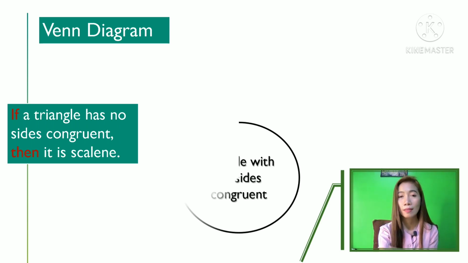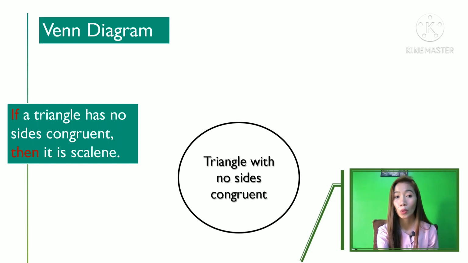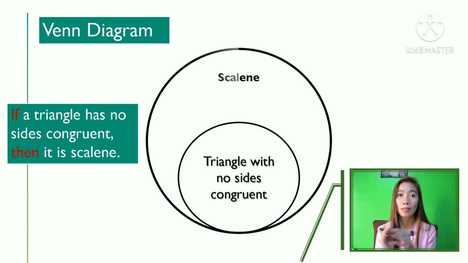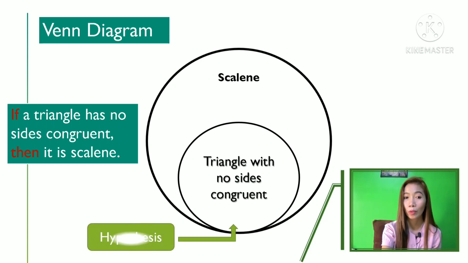Okay, so things that satisfy the hypothesis. So in our statement, that is a triangle with no congruent sides, or that has no sides congruent. So that is the hypothesis. It must be inside the things that satisfy the conclusion. So, simple words, yung nasa loob, yun yung hypothesis.